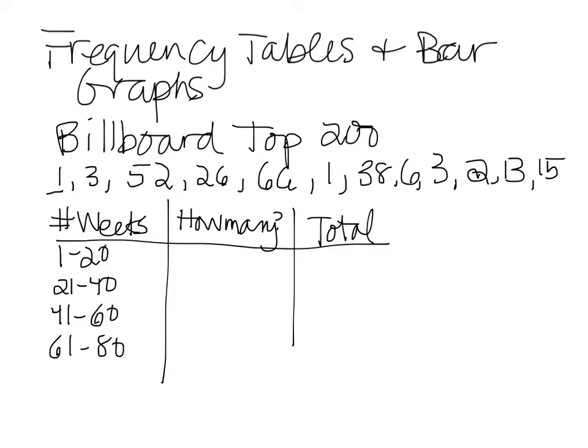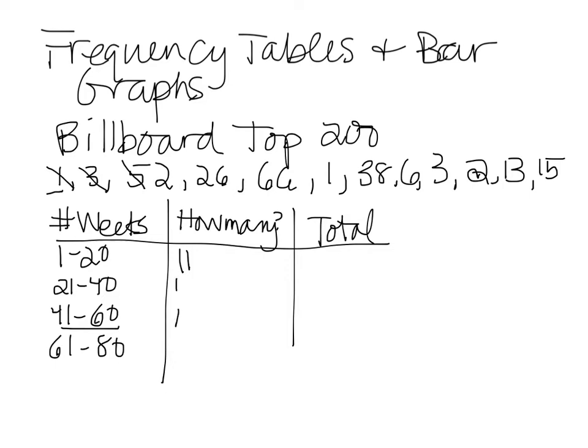So you just go through them. This first one is in this category from 1 to 20 weeks because it's a 1. The second one is also in that category. The third one is 52, which belongs between those two numbers.